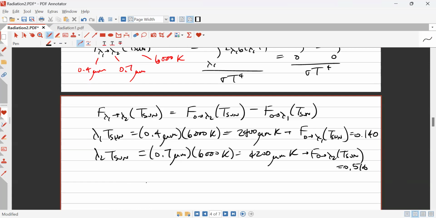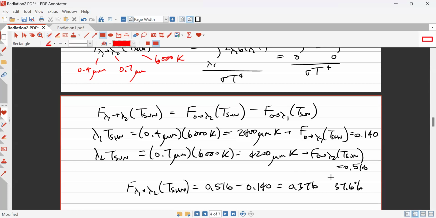So therefore, f from lambda 1 to lambda 2 at t sun is equal to 0.516 minus 0.140, which gets you 0.376, or 37.6%. So in other words, we see roughly 1/3 of the actual amount of radiation coming out of the sun.